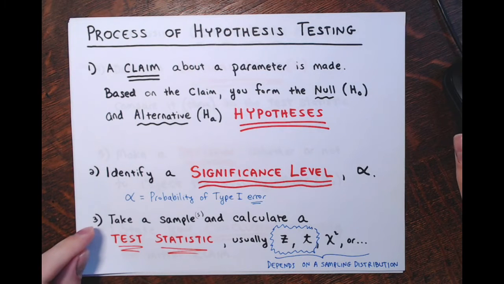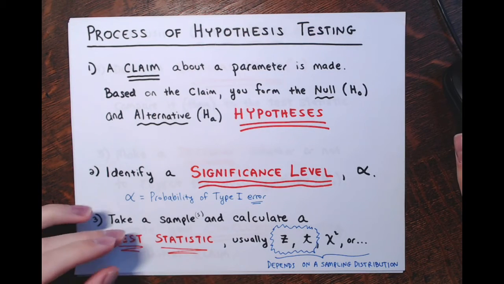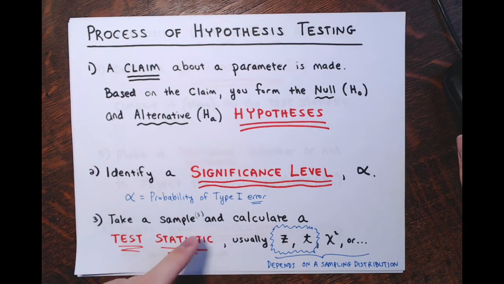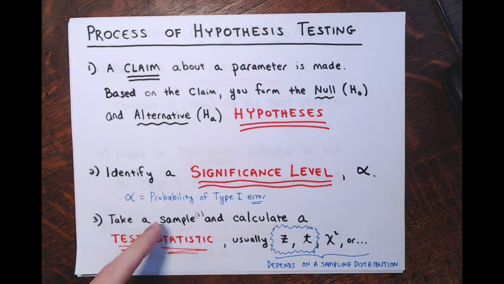Then, from the population, a sample is taken, or samples, and then a number is calculated from this sample, or the samples. This number is called the test statistic for that sample.